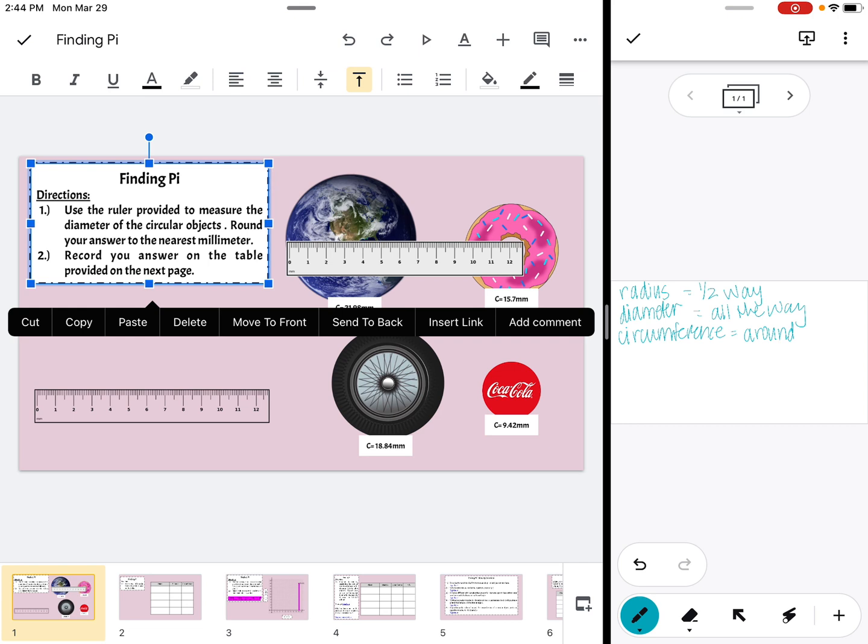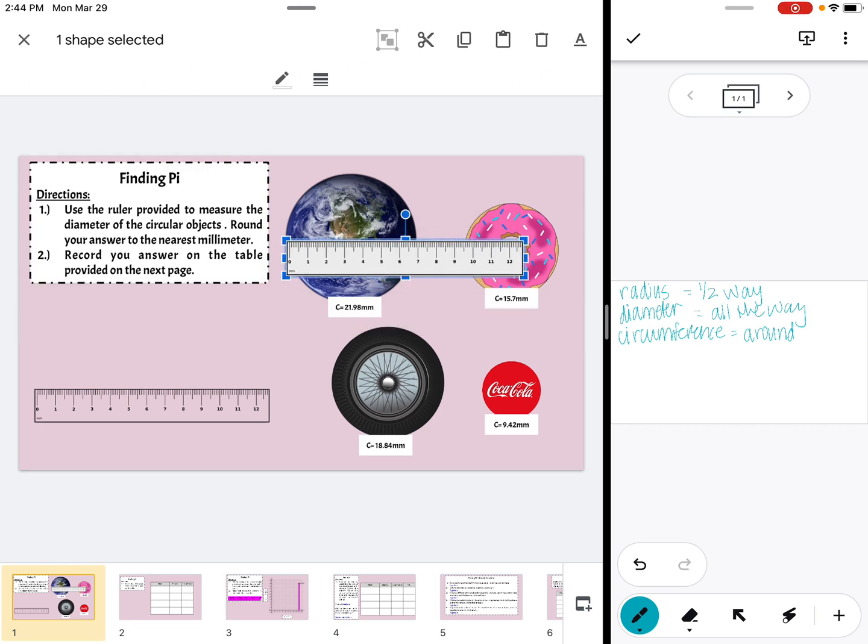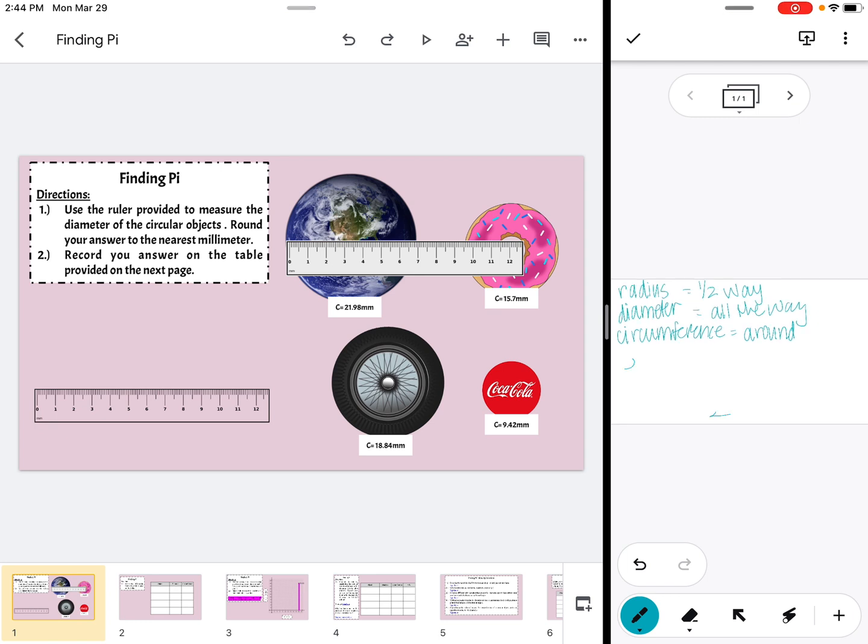See how my corner is lined up on the left? Then I'm going to go all the way through the center, and it looks to be about 7 millimeters. So that's really useful information. My Earth is 7 millimeters.